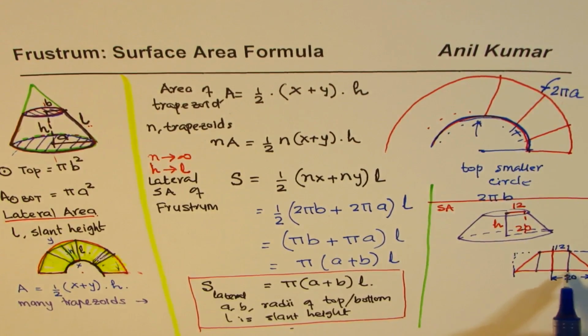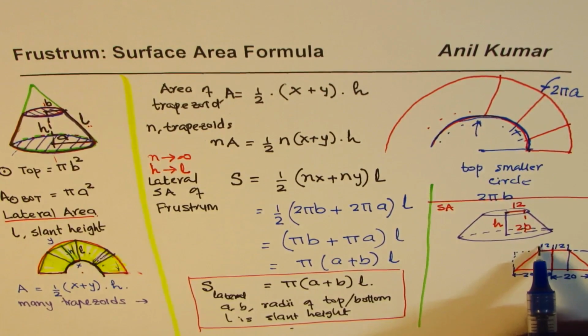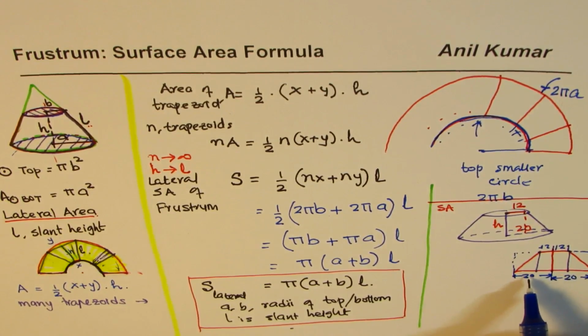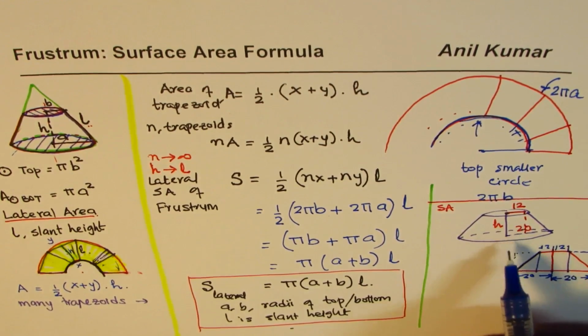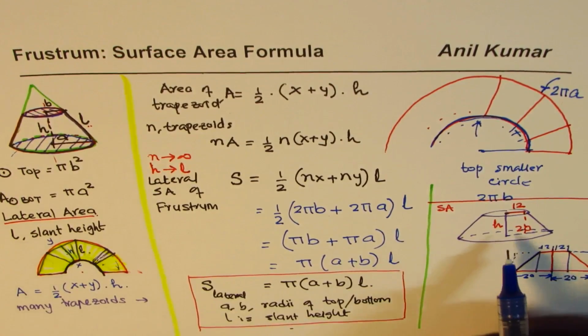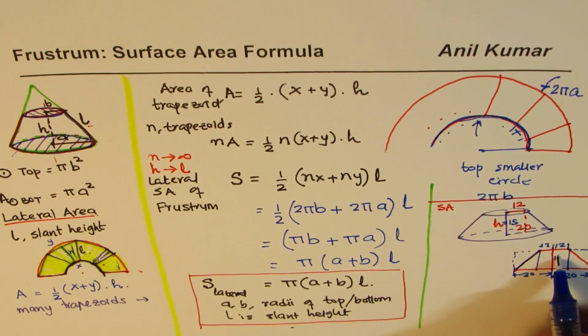So this is 20, this is 20, and this is 12. Then can we find L, knowing the height? So let the height be equal to 15. Okay, so we'll take the height as 15.